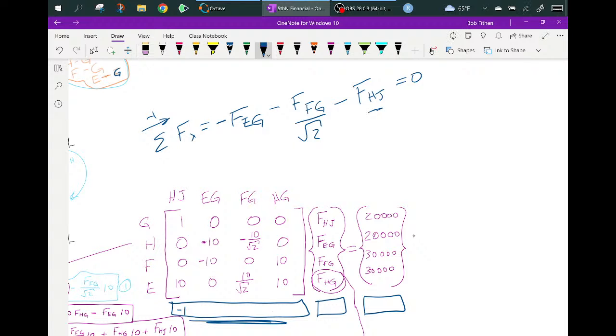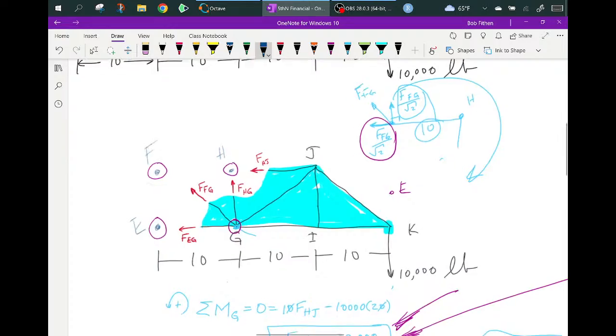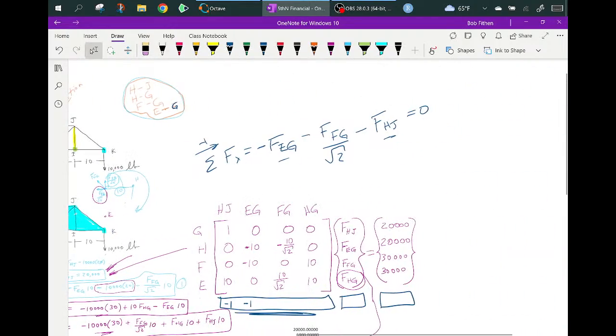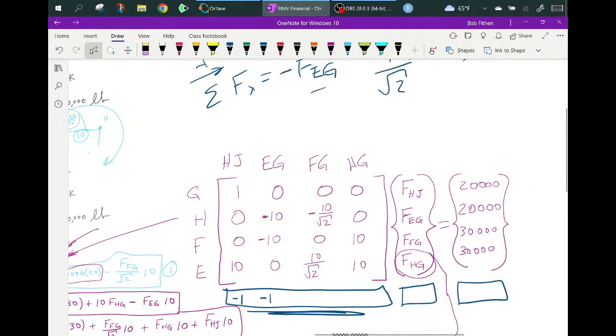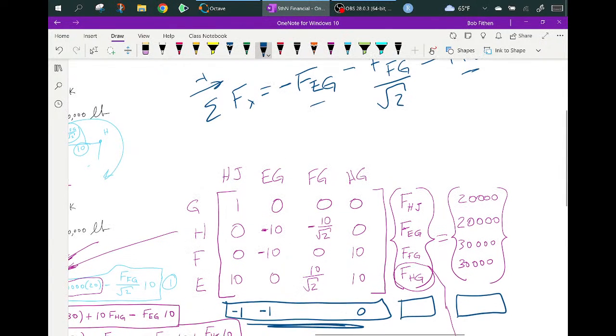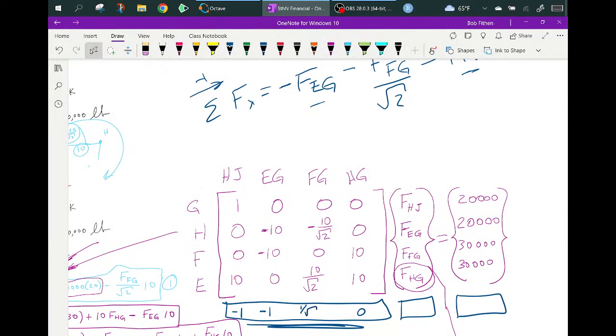Then I got EG, which is this one. And then I got FG. I don't have an HG, do I? I don't have an HG. Just double check. HG goes up. So I don't have that. But then what I got there is 1 over square root of 2. And then I have that.